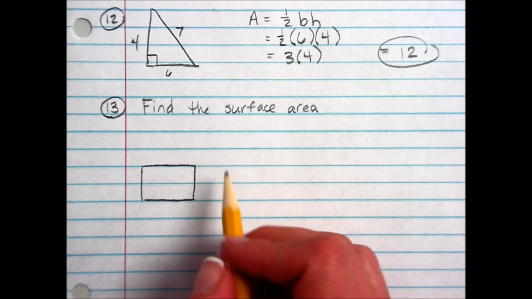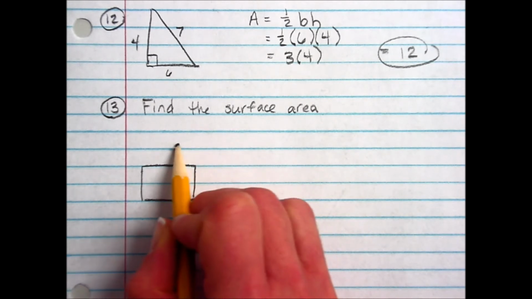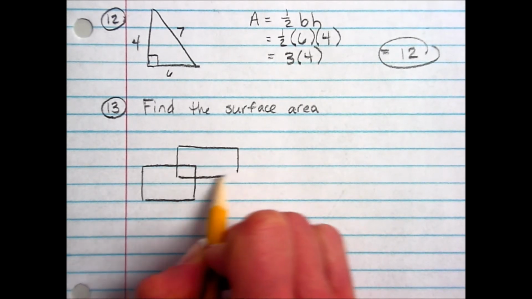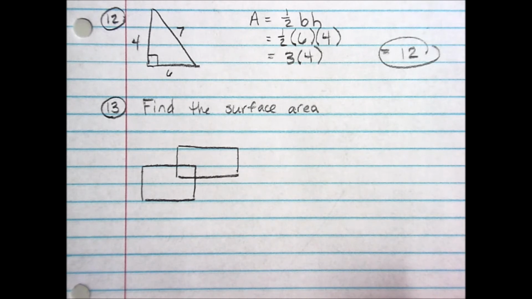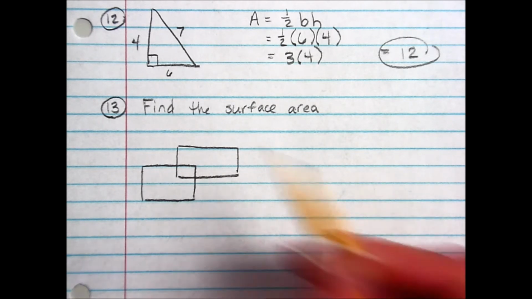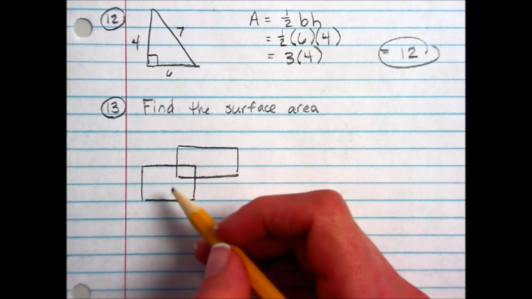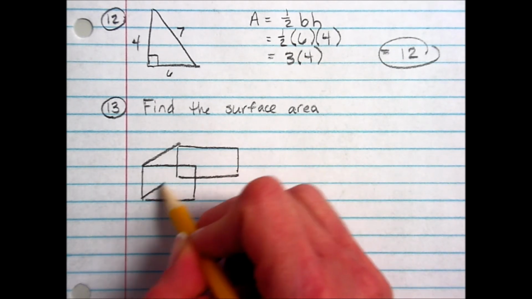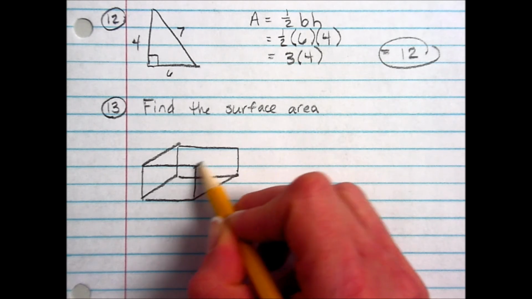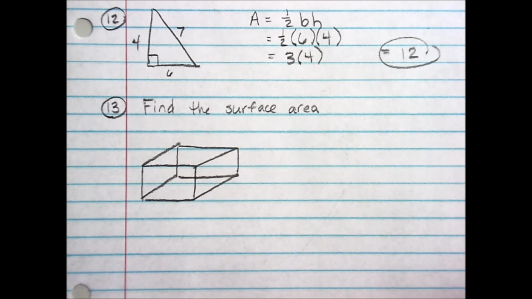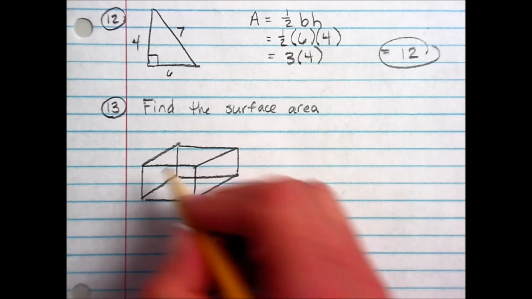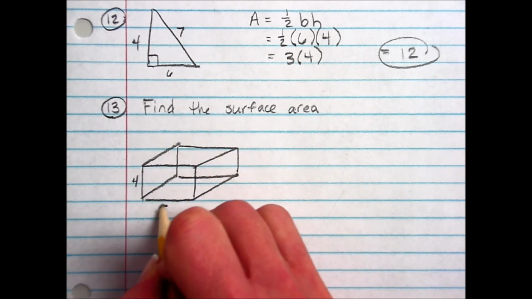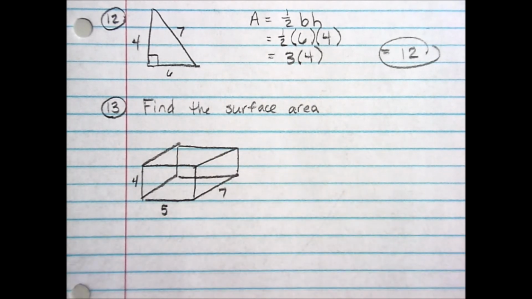Okay, now we're going to do an overlapping rectangle. And now we are going to connect the corners. Okay, so let's say this is 4, 5, and 7.